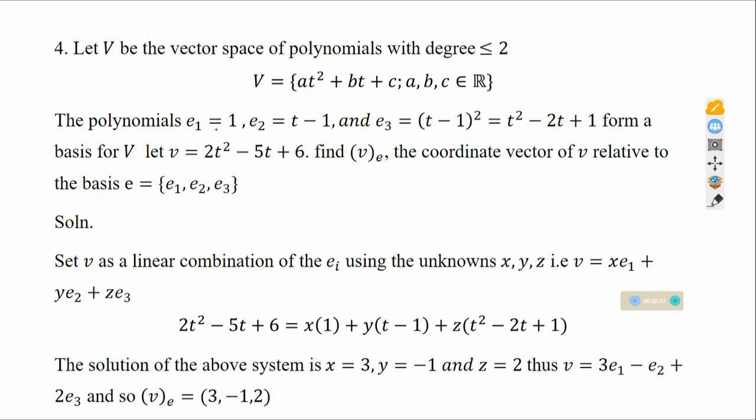You are given the polynomials e1, which is 1, e2, which is t minus 1, e3, which is t minus 1 squared, but which can be written as t squared minus 2t plus 1.